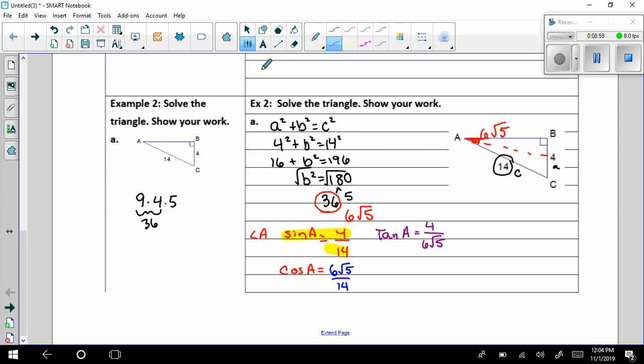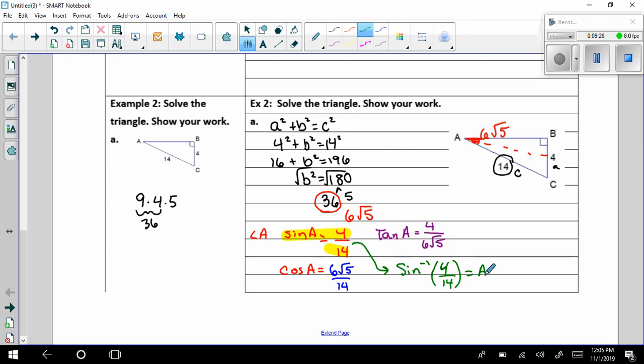So the inverse sine of that same ratio is equal to angle A. You don't have to have that decimal value.